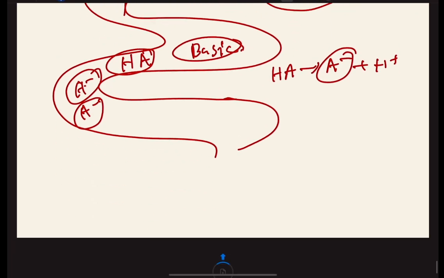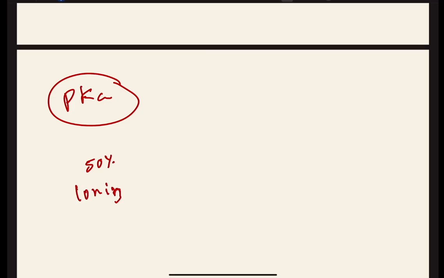Now let's talk about the pKa, or ionization constant. What is pK? It is the pH where the drug is 50% ionized and 50% non-ionized.